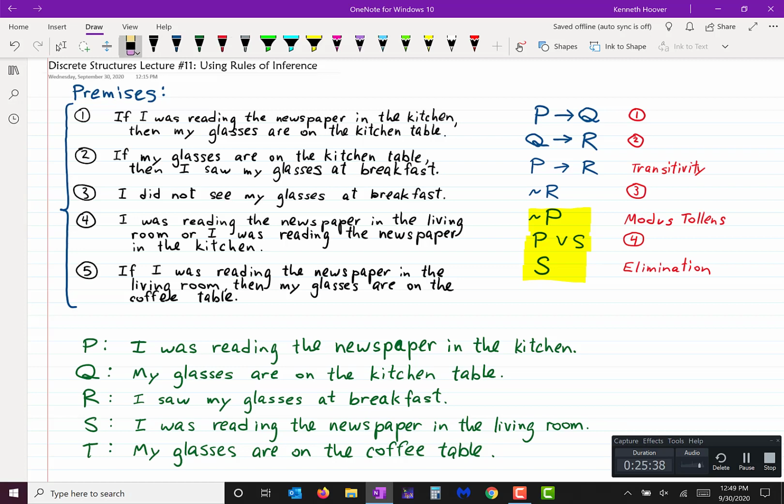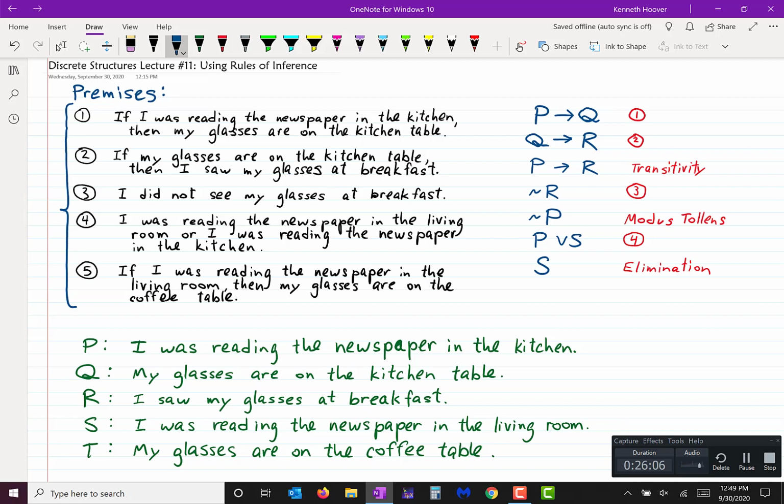Okay? We're almost done. Where should we go from here? So we have so far reached the conclusion you were reading the newspaper in the living room. Where can we go from there?